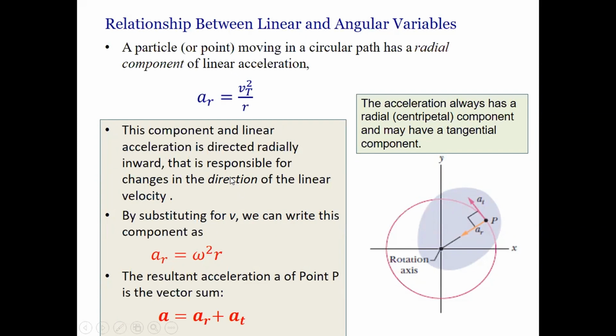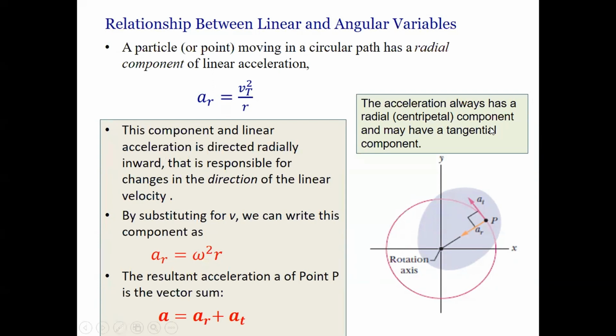A particle or a point moving in a circular path has a radial component of the linear acceleration, and that radial part is always directed towards the center. It is a_r equal to the velocity squared divided by r, and here the velocity is again the tangential component of the velocity.